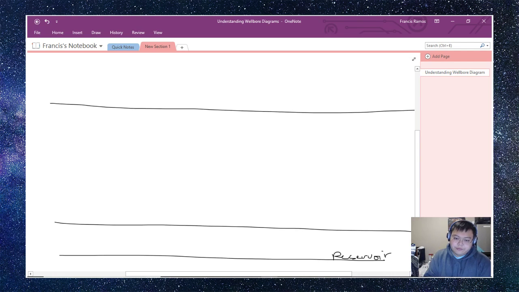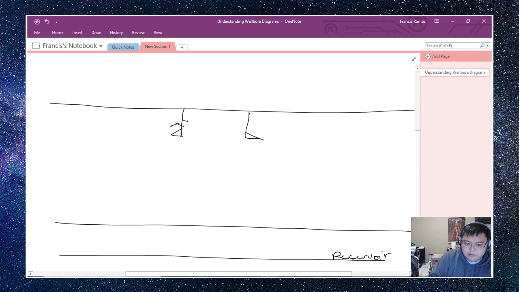So when you drill your hole, you need at least a few pieces of casing, and one of them is going to be from the surface downwards.